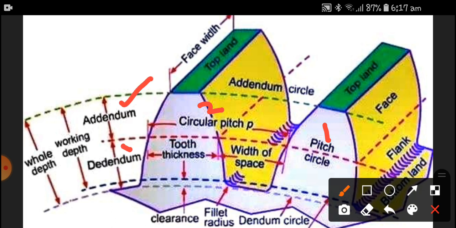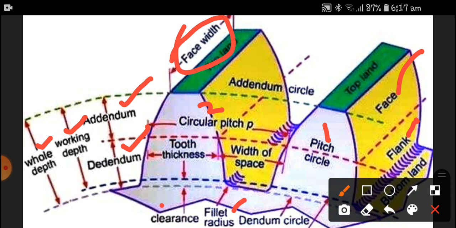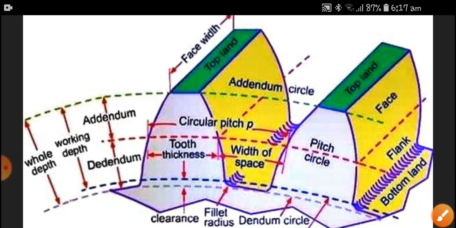Then addendum, dedendum, working depth, whole depth, top land, face width, face, flank, fillet, clearance, tooth thickness, width of the space, addendum circle, and dedendum circle. These are all the important terminologies available in gears.